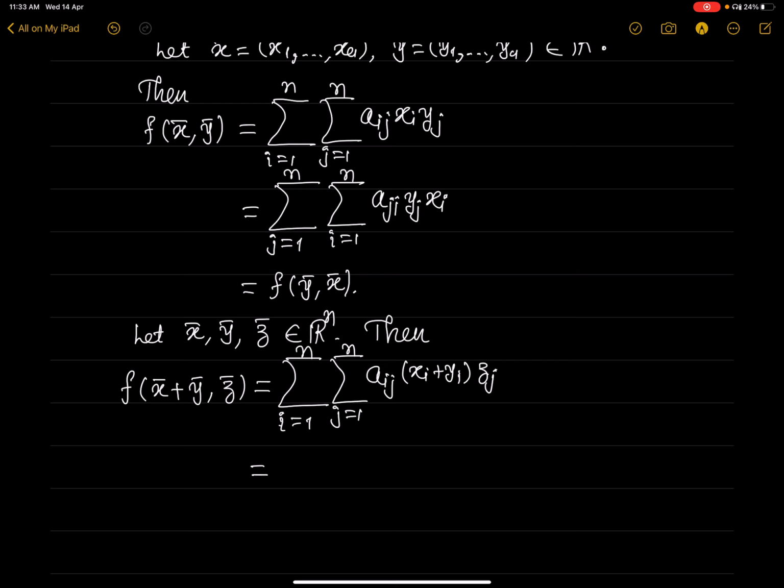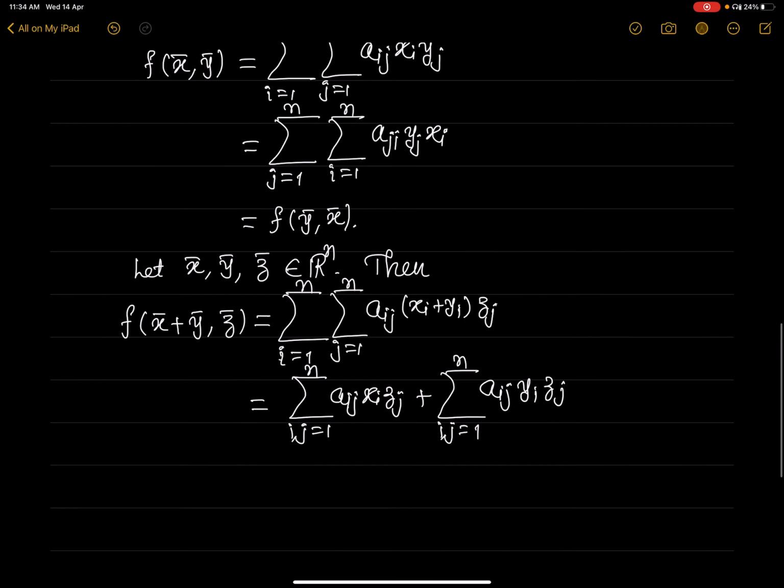Now we may separate them, so that is the same as summation ij from 1 to n, aij xi zj, plus summation ij, both running from 1 to n, aij yi zj, and that gives f of x bar, z bar plus f of y bar, z bar.